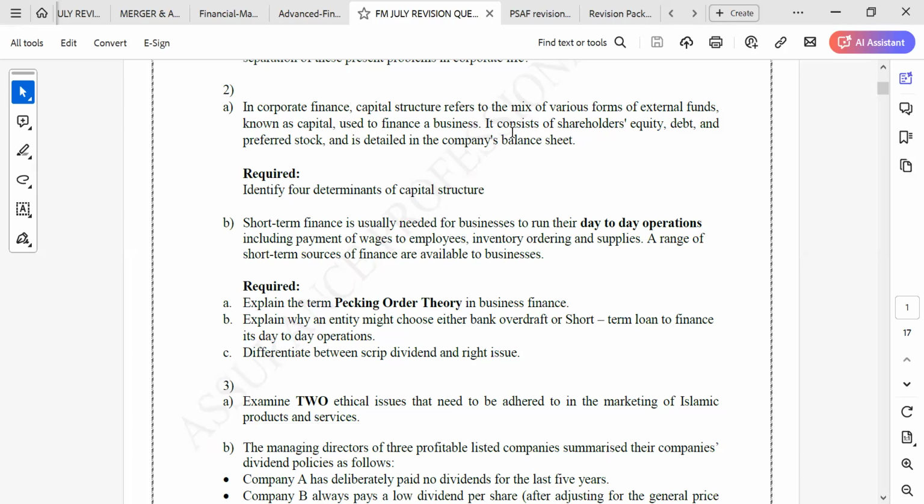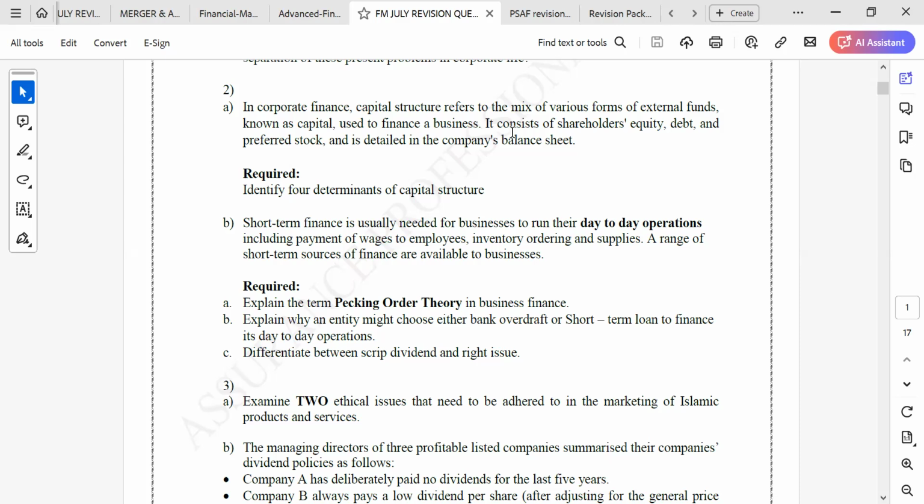All right. So the pecking order theory is a theory that serves as guidance for entities at a time that they want to raise long-term finances. This theory is telling you that if you want to finance a project from the long term, how should the sourcing be done?